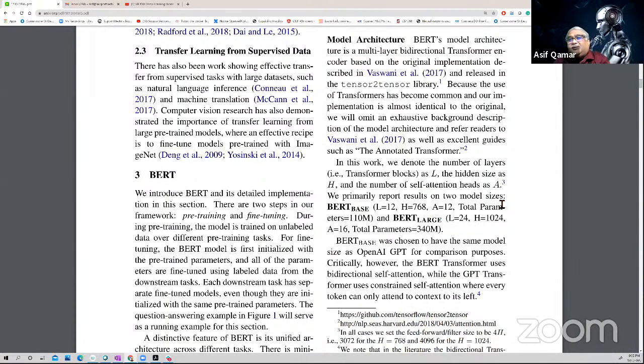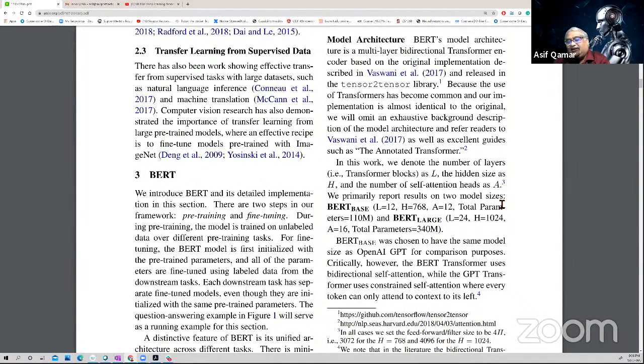The state of the art these days is that the smallest BERT model has 110 million parameters. A more useful, larger version of BERT has 24 layers. And the internal representation is 1024, basically a 1,000 dimensional representation.